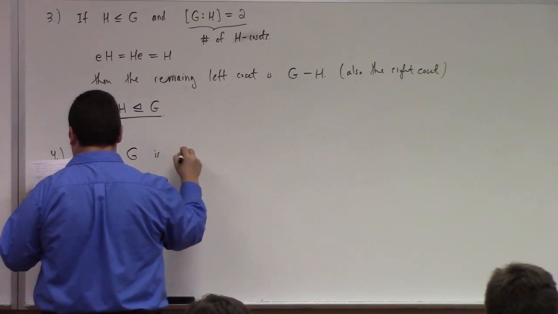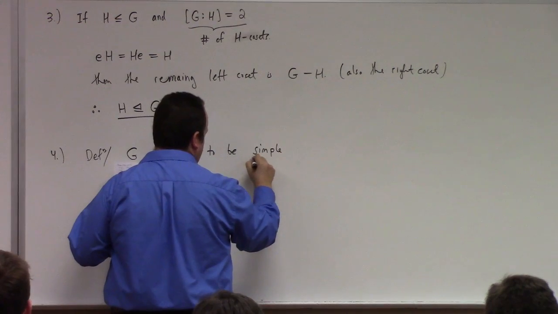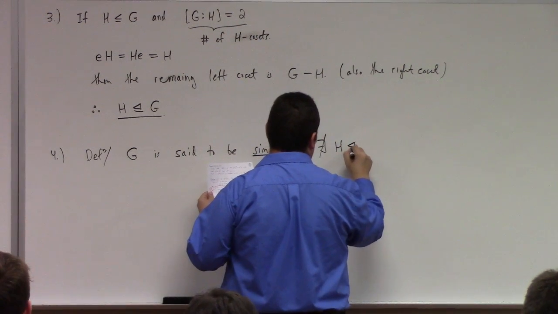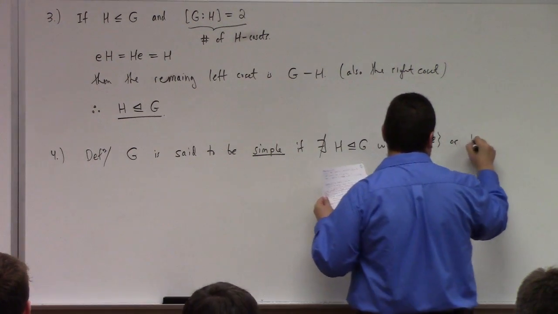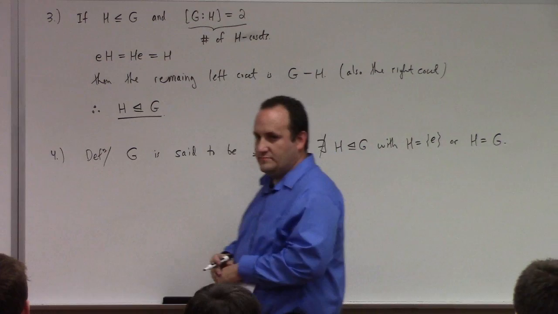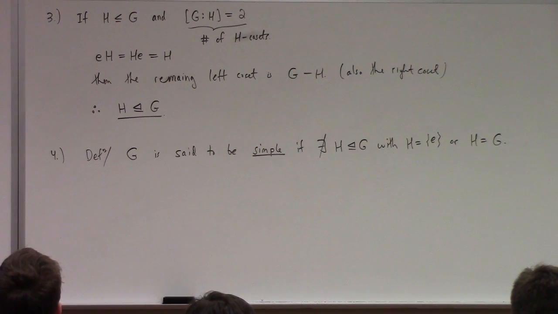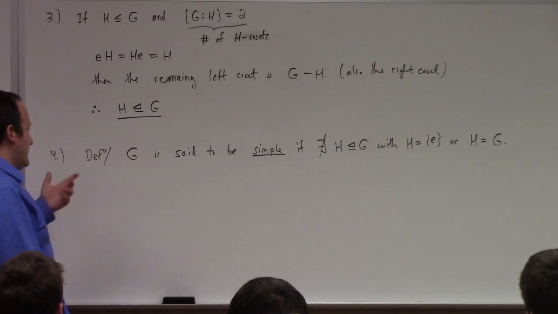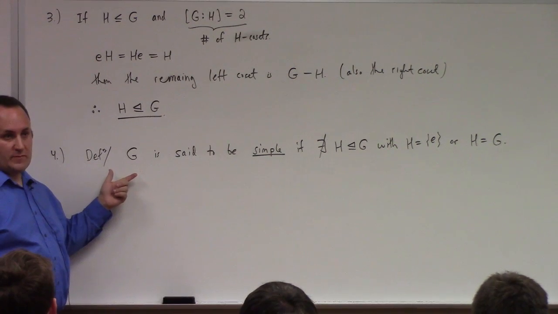G is said to be simple if there does not exist H, a normal subgroup of G, with H equal to E or H equal to G. Or, in other words, G is simple if it has no non-trivial proper normal subgroups.